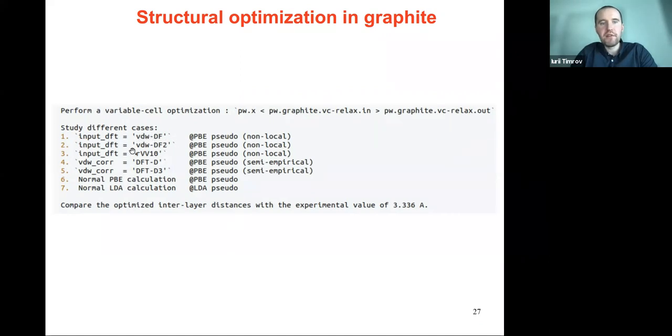So it's really the functional that you're changing. While here, 4 and 5, van der Waals correction, these are post-processing corrections. At the end of the PB calculation, you just apply some post-processing correction to your total energy and forces and stresses.